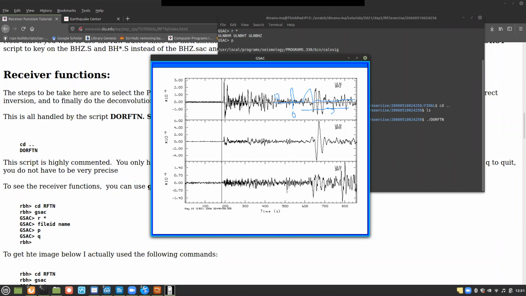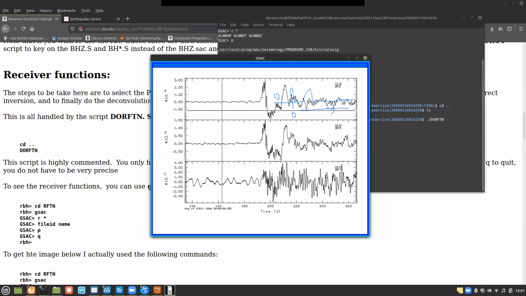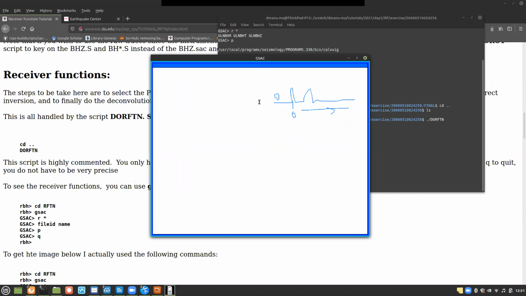So usually you pick on the P, and because of the time before, time after, you don't have to be precise, but it's also good to be precise. If you look at the documentation, you can zoom in and really pick the P. So here, I click on XX and it zooms in, and then I click P for P wave and then Q to quit this interactive mode. So it picks the P arrival and then I quit it.